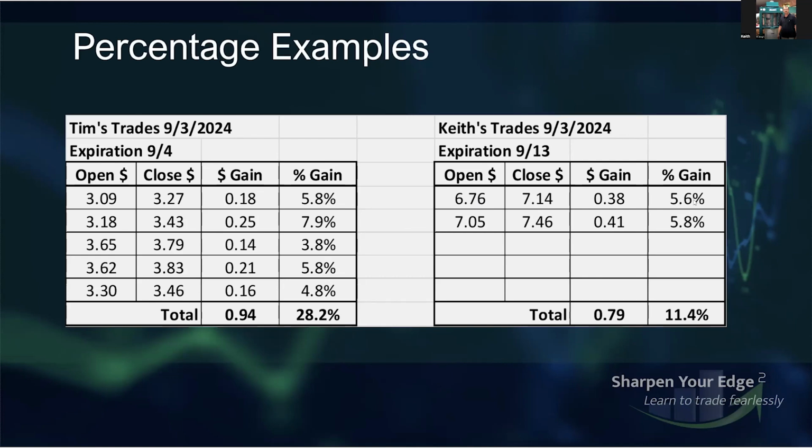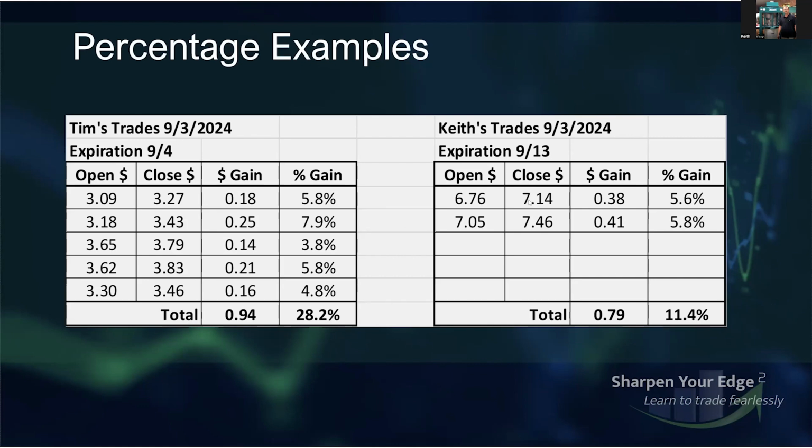But once you look at the gross gains, it's about 5.6 and 5.8%. If you compare the first line Tim had at 5.8%, his only had to go up 18 cents before he got that gain. Mine had to go up 41 cents to get that gain. So in reality, Tim was getting 28%, I was getting 11%.